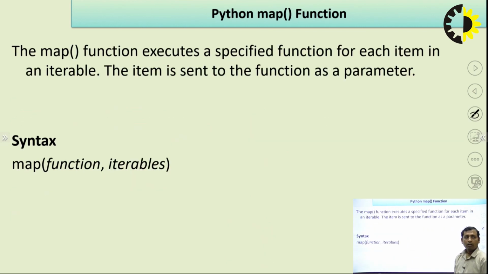Now, move to the next function, a very useful function, the map function. The map function executes a special function for each item in the iterable. The item is sent to the function as a parameter. Now, the same scenario here, but if we want to perform some action on each and every element of the sequence, then we will use the map function.